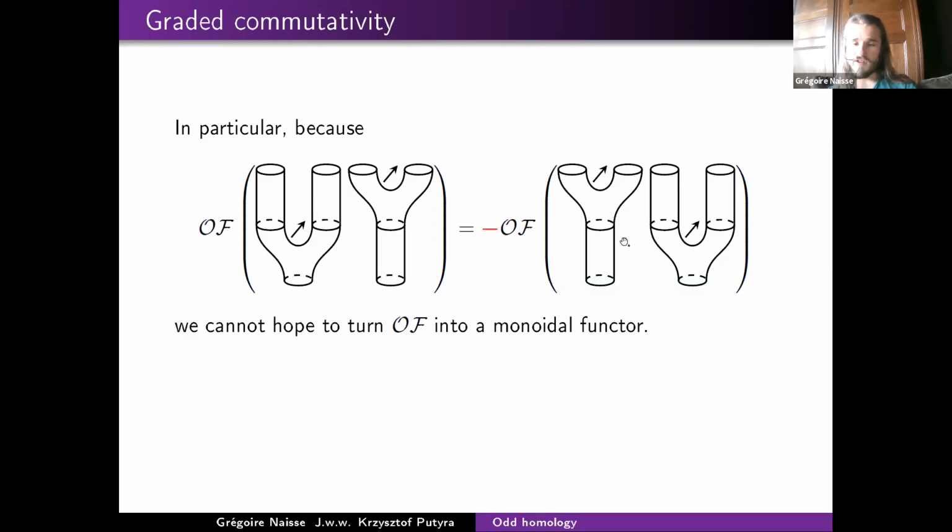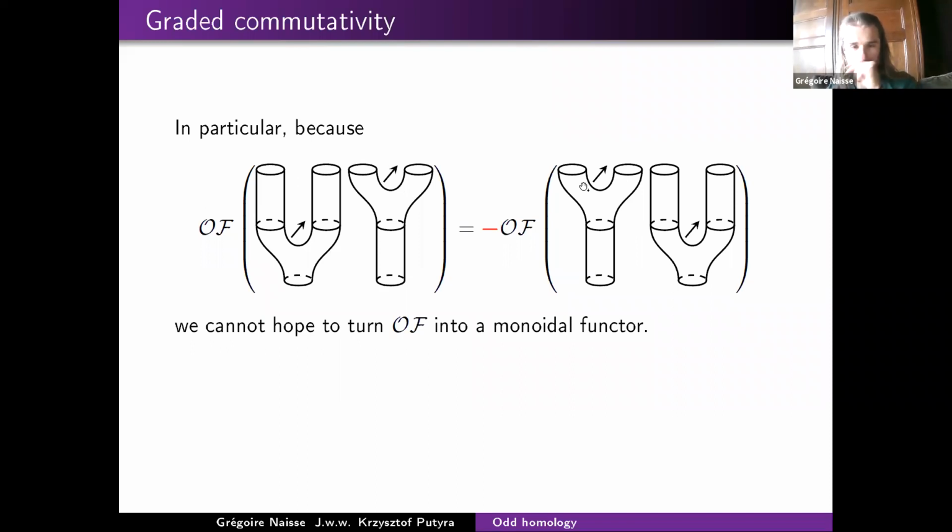So there is no hope to turn it into a monoidal functor, because a monoidal functor would give you a strict commutativity when you exchange distant morphisms. So what you need is a notion of monoidal functor that would... What we can observe though is that if you think of this morphism here, this split, as carrying some degree, say degree 1, then this would be some kind of graded commutativity, like you have in a homology ring.